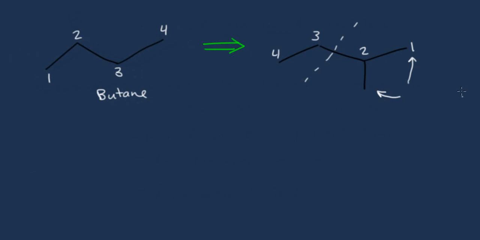Both would be identical in how you would name the molecule. It doesn't matter which one you started from. So we started at this carbon calling it 1 and we went all the way down to 4. And so it looks like we have another parent chain that is butane, but we have something sticking off from the butane parent chain.